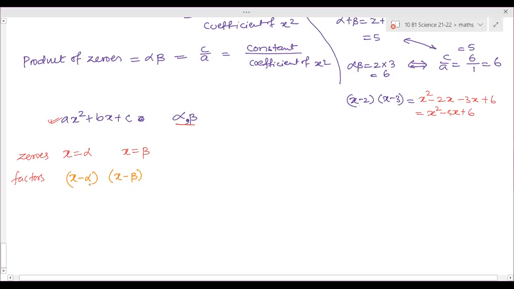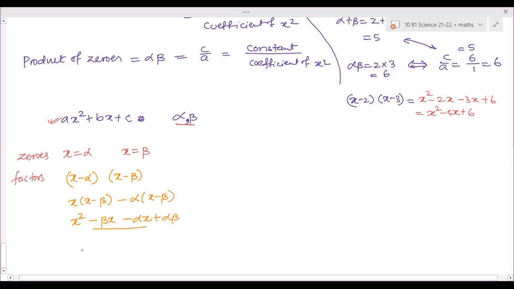Now we will get the polynomial by multiplying these, right? So we'll multiply x into bracket x minus beta, minus alpha into bracket x minus beta. So we will get x square minus beta x minus alpha x plus alpha beta.